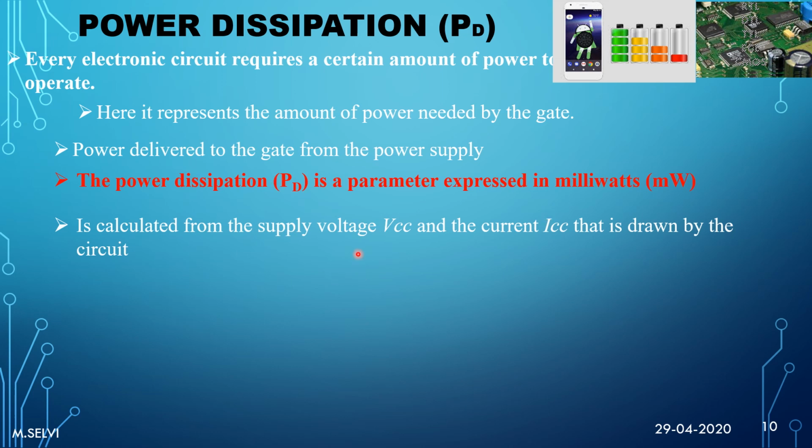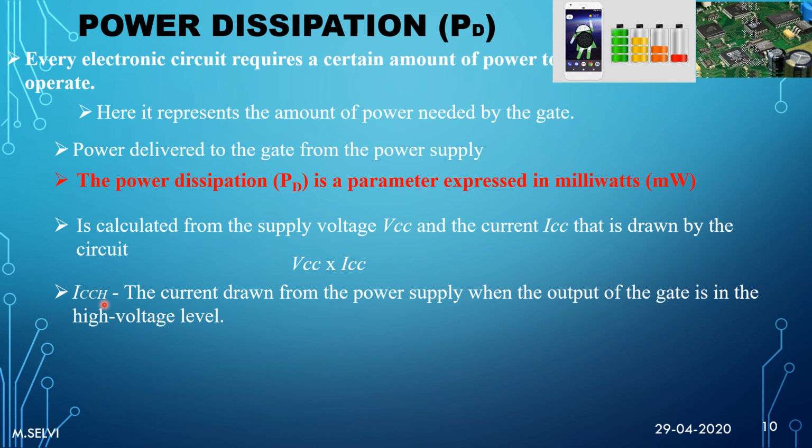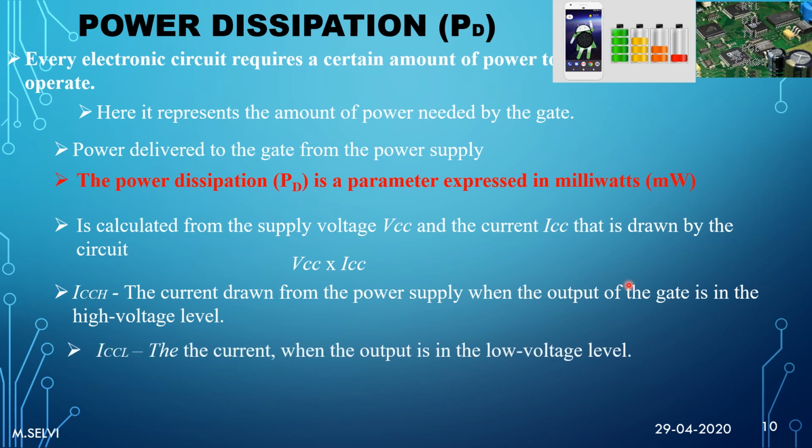It is calculated from the power supply voltage, which is defined as VCC, and the current ICC that is drawn by the circuit. The product of VCC and ICC gives the power dissipation PD. We define ICCH as the current drawn from the power supply when the output of the gate is at the high voltage level, and ICCL is the current when the output is at the low voltage level.